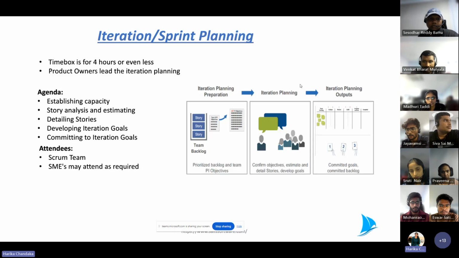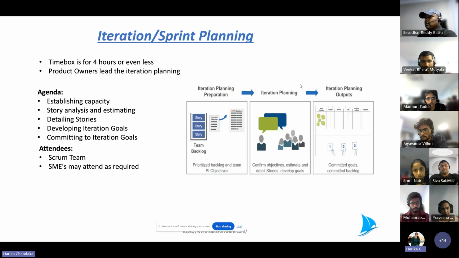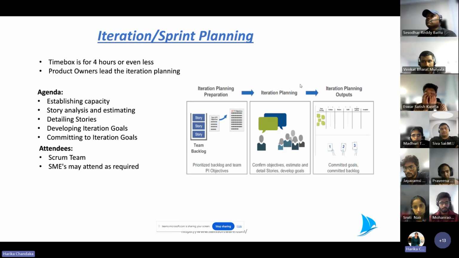So the team should always be committing to the iteration goal set. Okay, I just briefed each of them. The attendees of the sprint planning call are the Scrum team, and we can always pull in subject matter experts like system architects, or if it is functionality related, functional heads, as and when required into the sprint planning call, but they're not mandated.